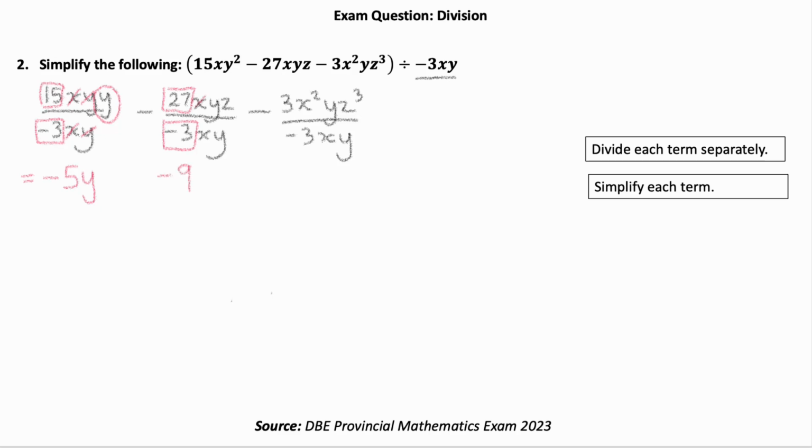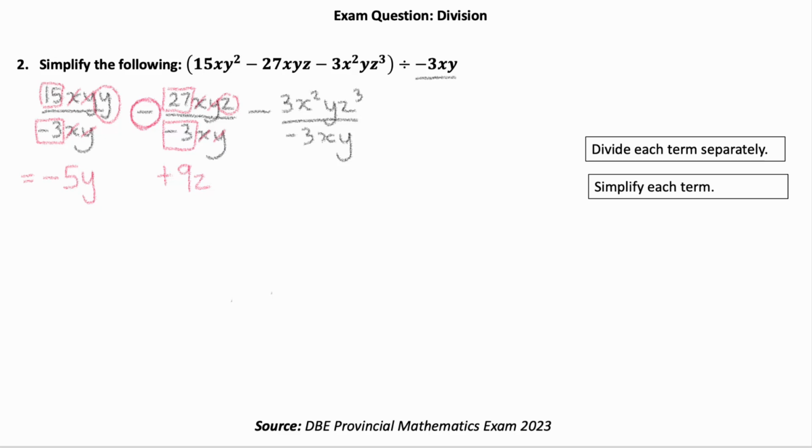This x and this x will cancel out. This y and this y will cancel out. So we are left with z. So now we have negative 9z. But because the question already had a minus sign before this fraction, a negative times a negative becomes a positive.